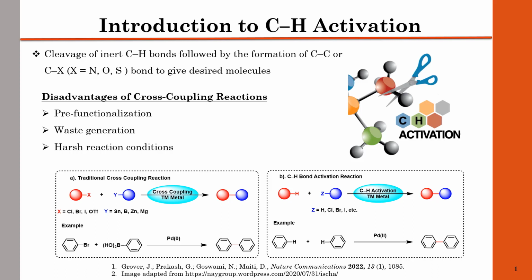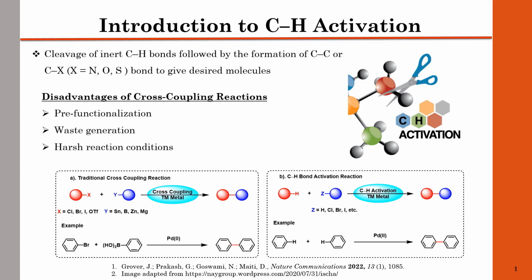The problem with cross-coupling is that we have to install a halide and also synthesize a boronic acid, so we have to pre-functionalize those things. That's the bigger disadvantage of this cross-coupling reaction.